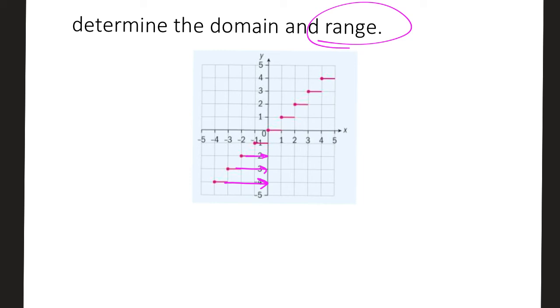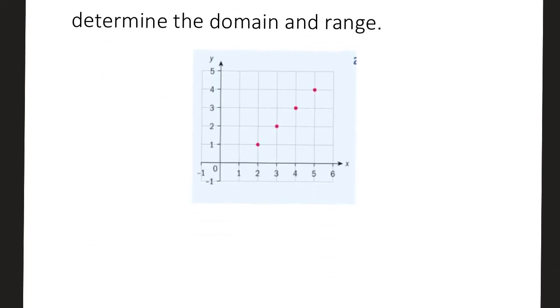The range is just integers, which I'm going to put as the symbol Z, which represents integers. There's no fractions, there's no decimals, but integers are all the range values.